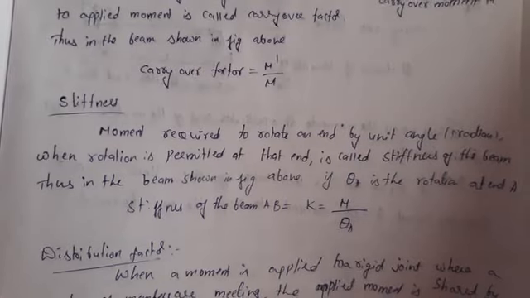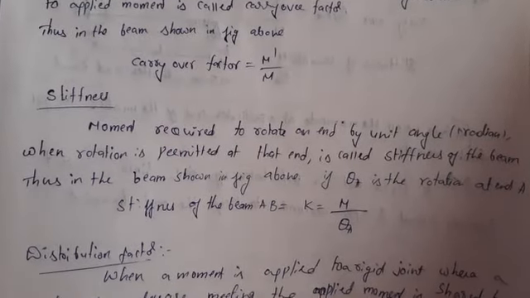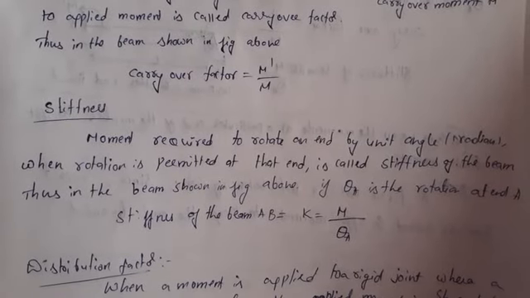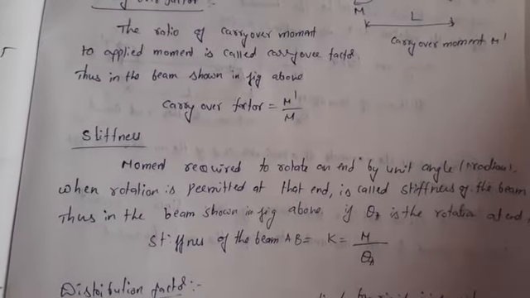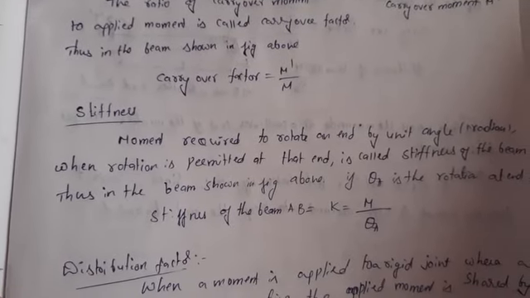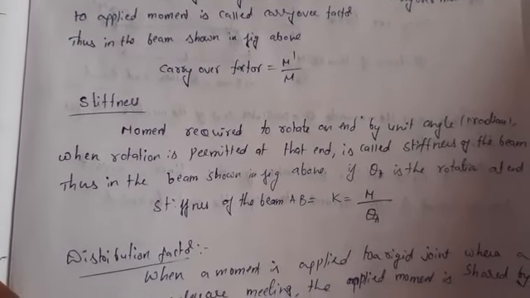Now we will see what is meant by stiffness for the moment distribution method. Stiffness is nothing but the moment required to rotate an end by unit angle or radian of rotation, when a rotation is permitted at the end.